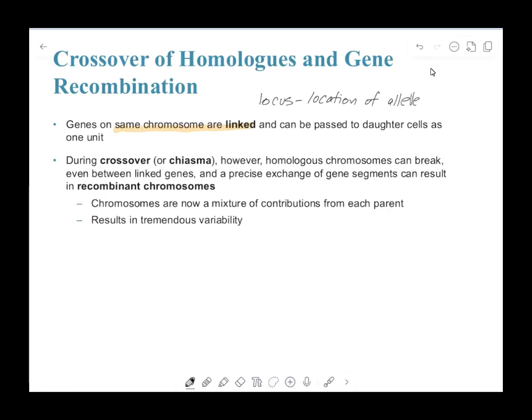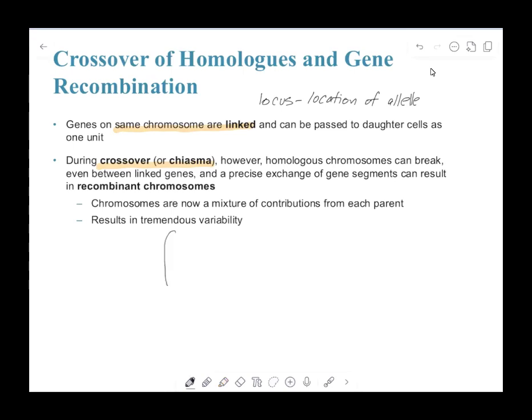So during crossover, which is also called chiasma, the homologous chromosomes can break even between the linked genes, and there could be a precise exchange of these gene segments that result in recombinant chromosomes. However, the chance of crossing over diminishes the closer the genes are.